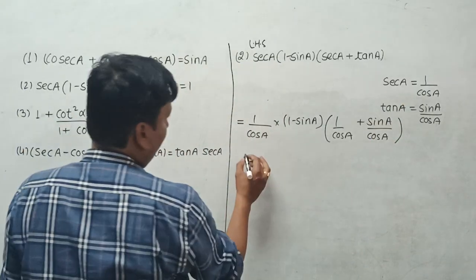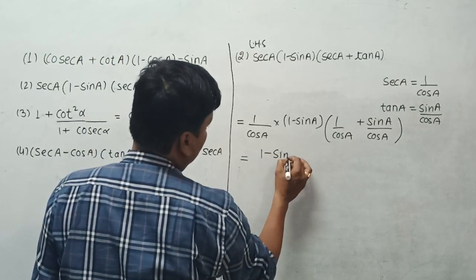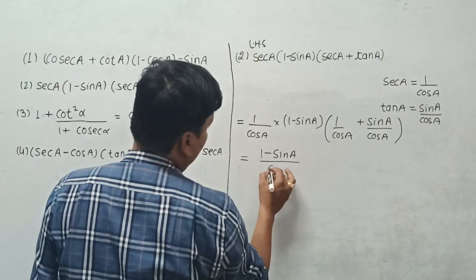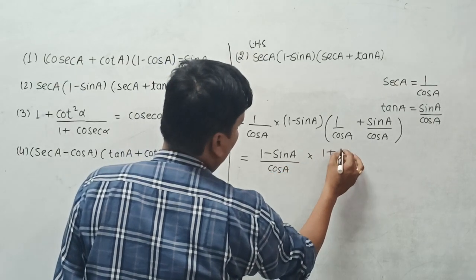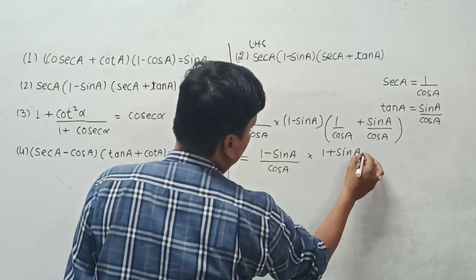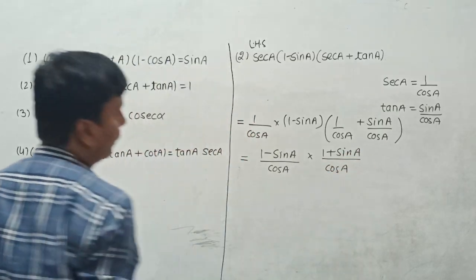Now we can write this 1 minus sin A upon cos A, and that is 1 plus sin A on cos A. Okay.